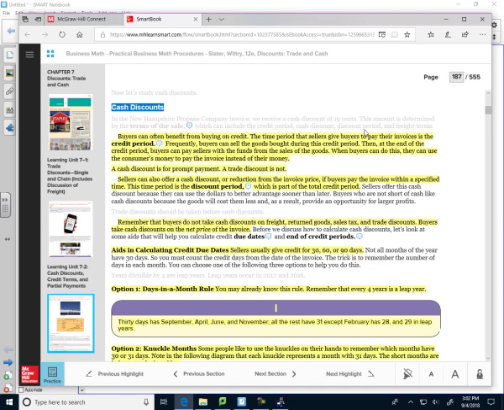And I might be thinking, boy, if she would pay me earlier, I'd give her like a 2% discount because she paid me, and I didn't have to wait on the money. And now I've got the money and I can use it. That's the whole concept behind cash discounts. Who's got the money? So, let's look at this.